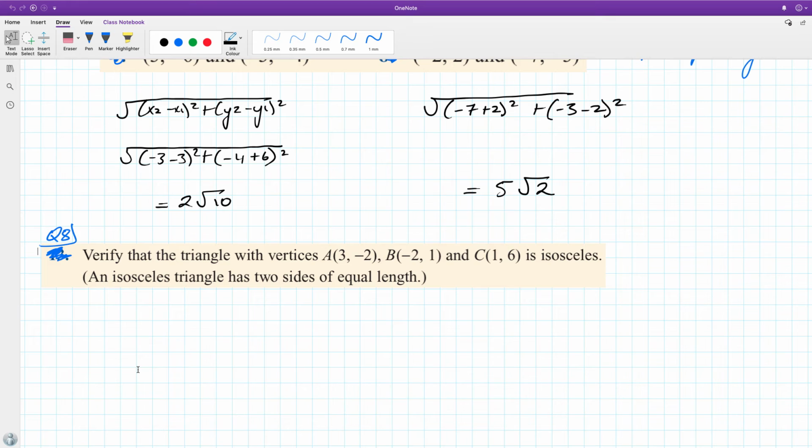I'll give you another minute to finish that. We'll spend the last 20 minutes then doing the slope.